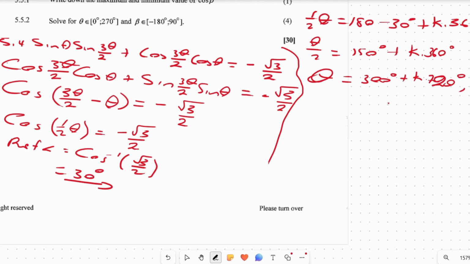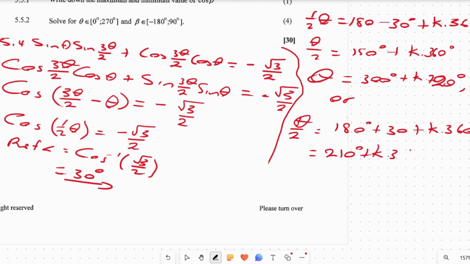That is very important. Then I asked, where else is that ratio negative? In the third quadrant. So theta over 2 is going to be 180 plus the reference angle, then plus k times 360 degrees. That is 210 plus k times 360 degrees.